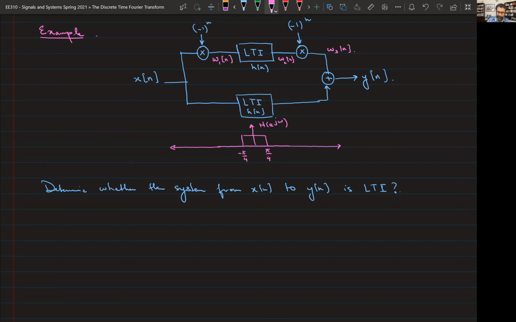And I'm going to operate in the frequency domain, because that's going to make my life easier. So पहले इस तरह कर लेते हैं कि I first of all figure out what is W1 of n as a function of x, right? So W1 of n is just minus 1 raised to power n times x of n, right? And this implies that in the frequency domain, W1 of e raised to power j omega, how is that going to be related to x of e raised to power j omega?